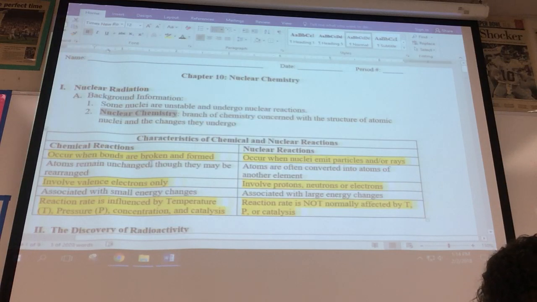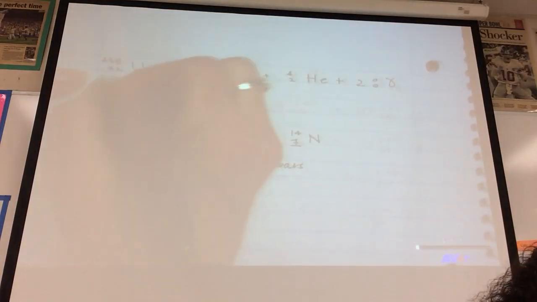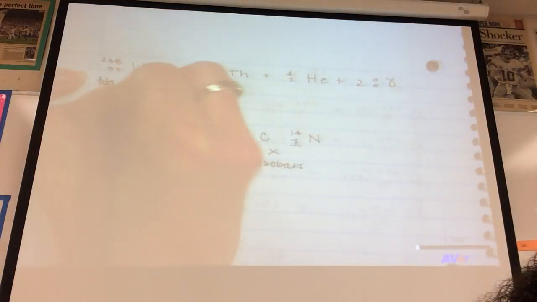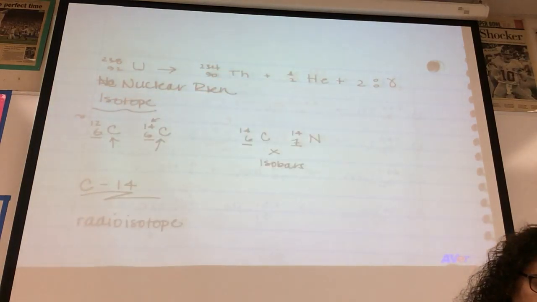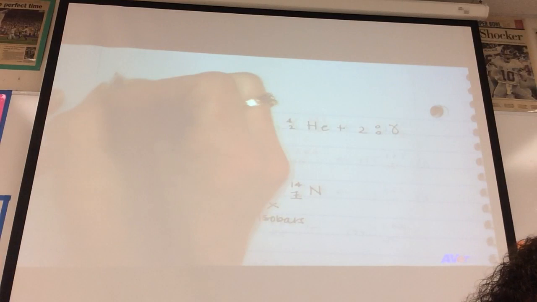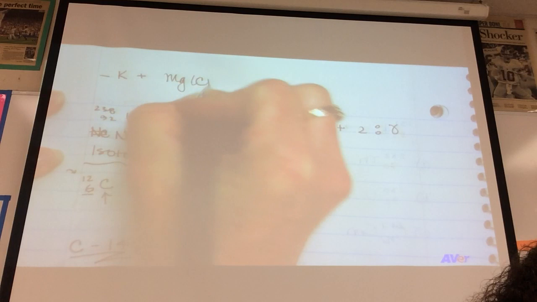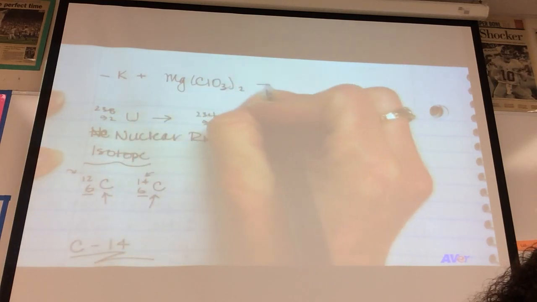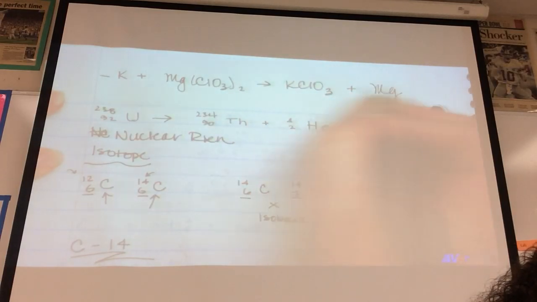There are a lot of key differences between chemical reactions and nuclear reactions. For example, from the do now, this is a nuclear reaction. As opposed to a chemical reaction that you would have seen previously. For example, potassium reacts with magnesium chlorate to generate potassium chlorate and magnesium.